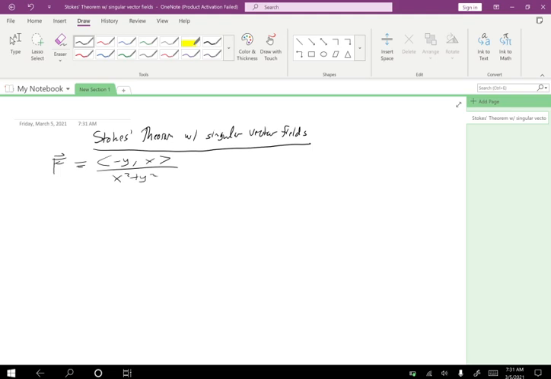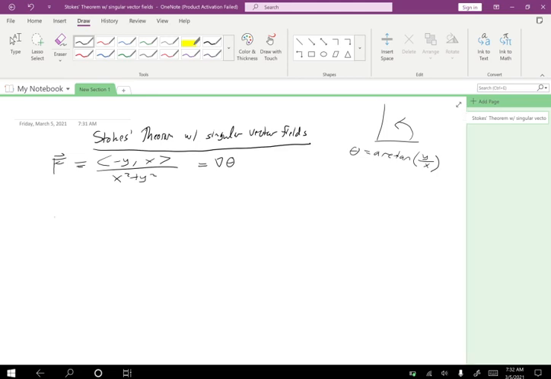And this actually corresponds to the gradient of theta, where theta, of course, is just the angle in the xy plane. Remember, theta looks kind of like arctangent of y divided by x. So if you take the gradient of that, you'll end up with this.